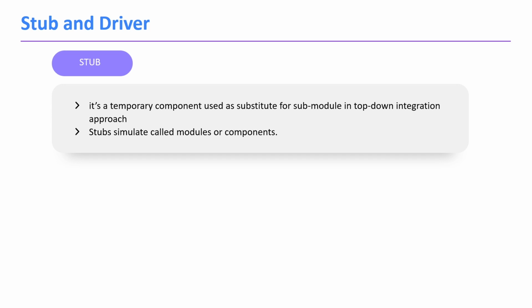One is a parent module and one is a child module. The parent module is developed but the child module is not ready yet and we have to conduct the integration testing. So in place of the child module we use a temporary component, and that is called a stub. A stub simulates the called modules or called component. So a stub is used as a temporary component in place of sub-modules to generate some dummy response.